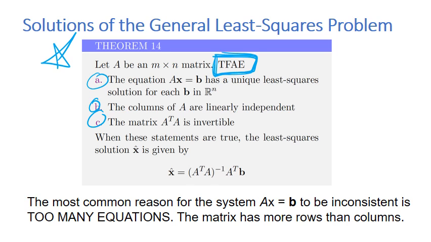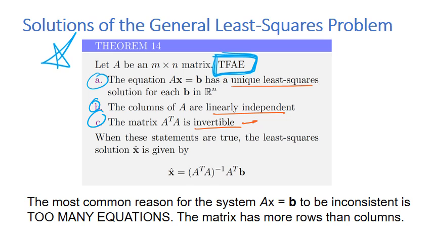Those three items say that the equation Ax equals b has a unique least squares solution for each b in Rn, the columns of A are linearly independent, and the matrix ATA is invertible.